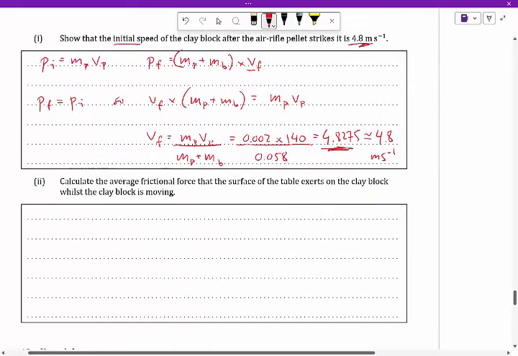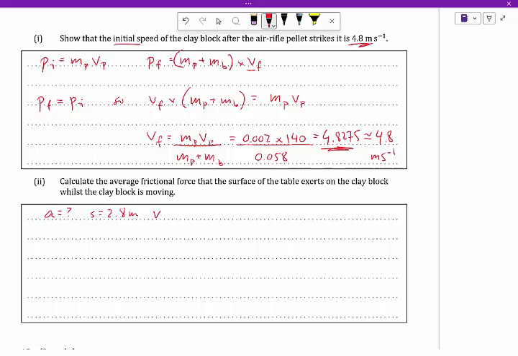Okay, so acceleration is what we're trying to find. S is 2.8 meters, V is 0, and U is 4.8275 meters per second. And we use the equation that involves those 4 variables. That's V squared equals U squared plus 2AS.